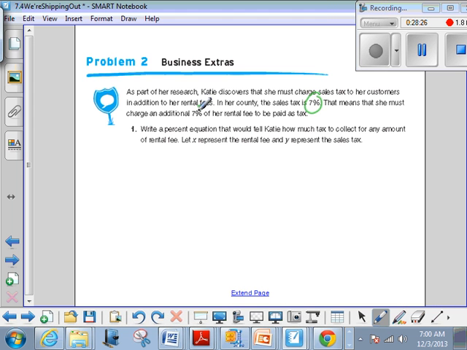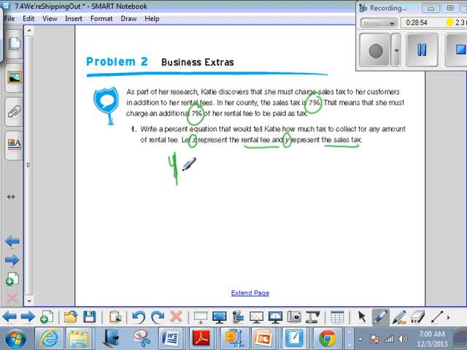I now want x to represent the rental fee and y to represent the sales tax. So thinking about that, what would sales tax be? y is our sales tax. And we know 7% as a decimal, if I move my decimal place over 2 places, would be 0.07, not 0.7.